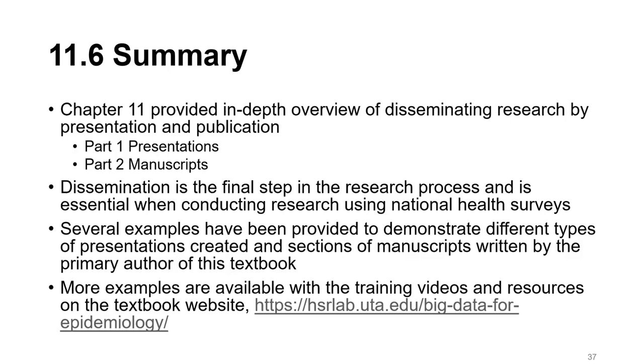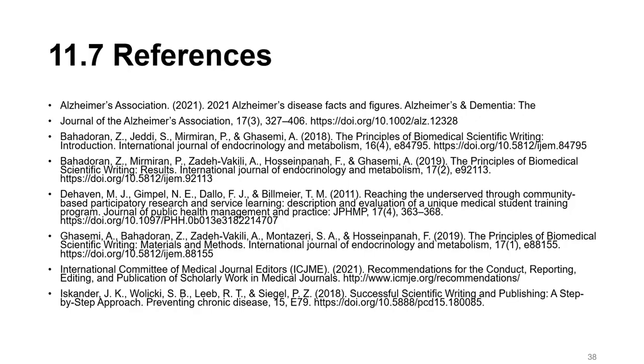Several examples have been provided to demonstrate different types of presentations created and sections of manuscripts written by the primary author of this textbook. So many more examples are available, including training videos and resources on the lab website for the textbook. So section 11 includes some references here along with the next slide.